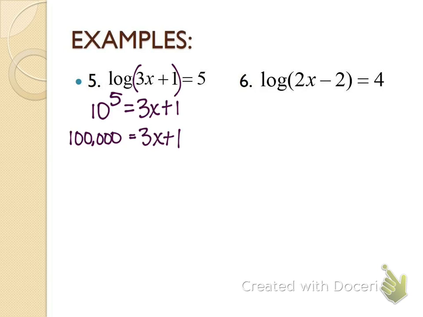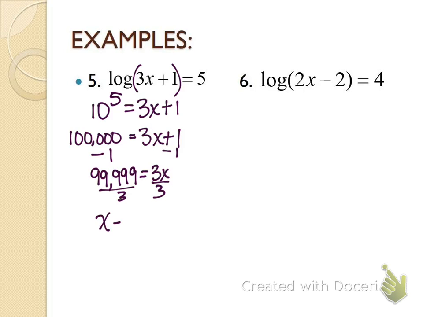What are we going to do? Subtract 1. So my 100,000 becomes 99,999. And then my last step is to divide by 3.